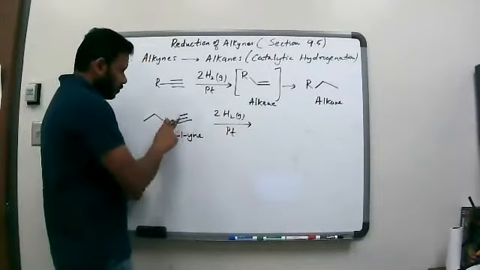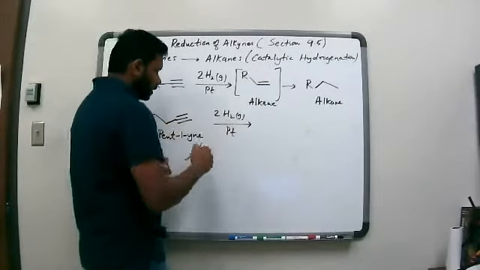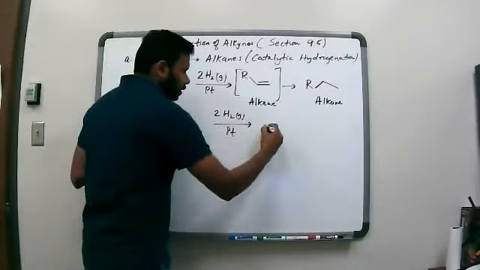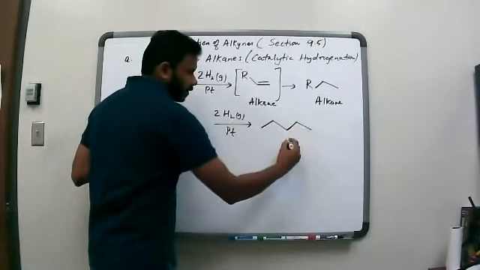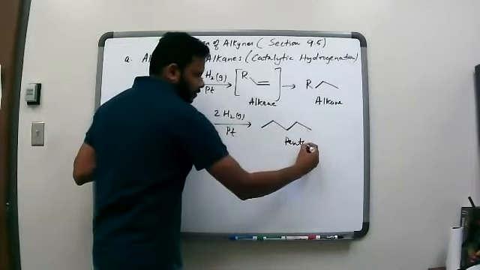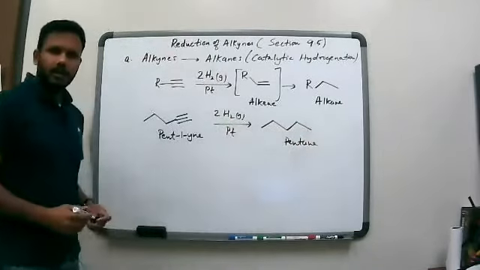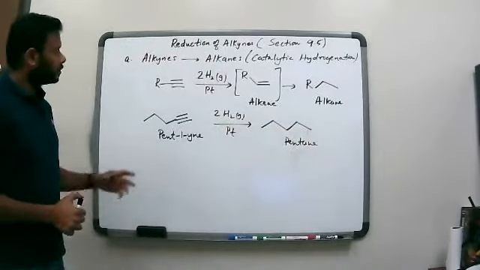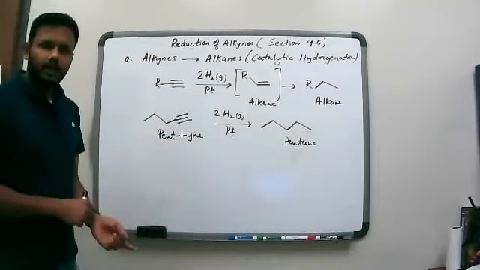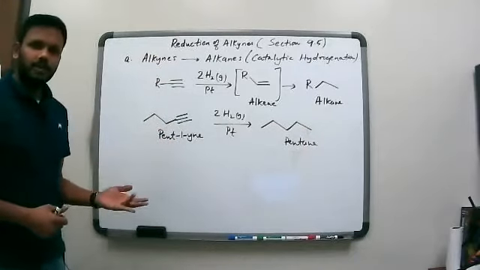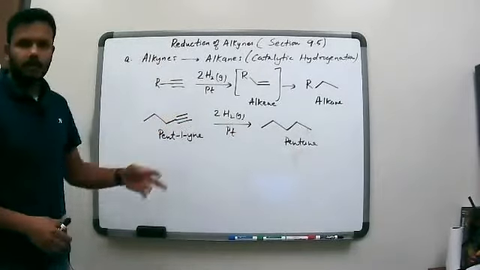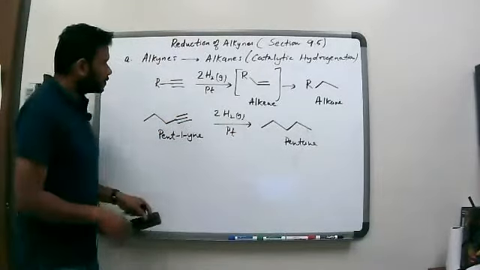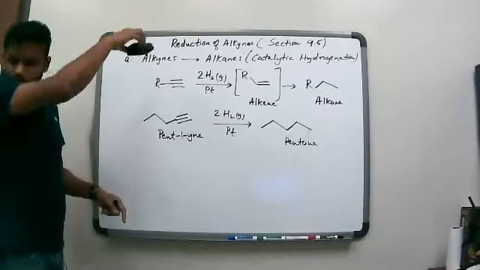So when you have pent-1-yne, you do this reduction, our product is going to be pentane. So we're going to get our alkane as the product. Okay, so that's the catalytic hydrogenation mechanism. Is very similar to the catalytic hydrogenation of alkenes. Okay, so that's one of the scenarios here.